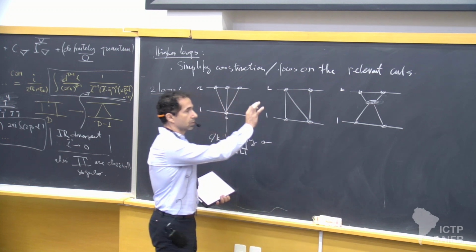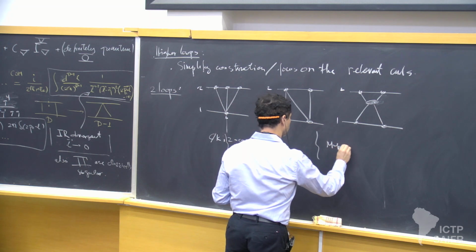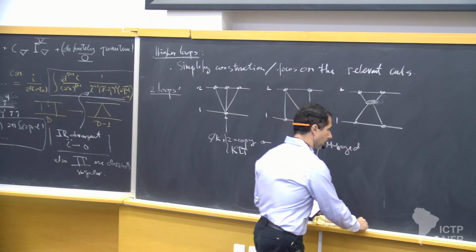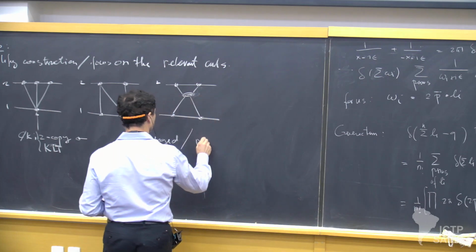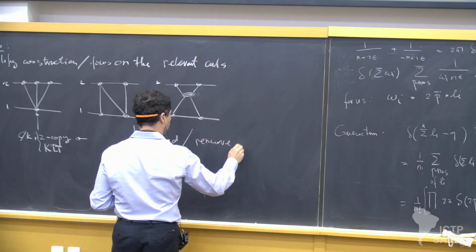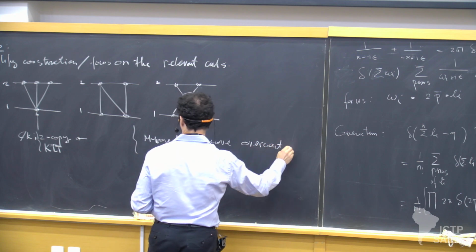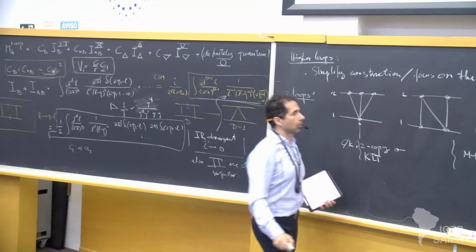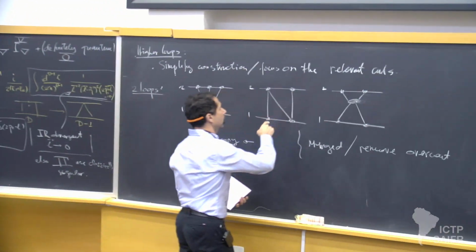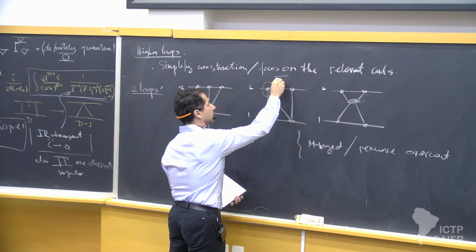And then, of course, these have to be merged into an integrand. And by that, I mean merged properly, which means to remove the overcount. What overcount am I talking about? Well, if you look at these two, in here you can imagine that there is a graph that looks like this.